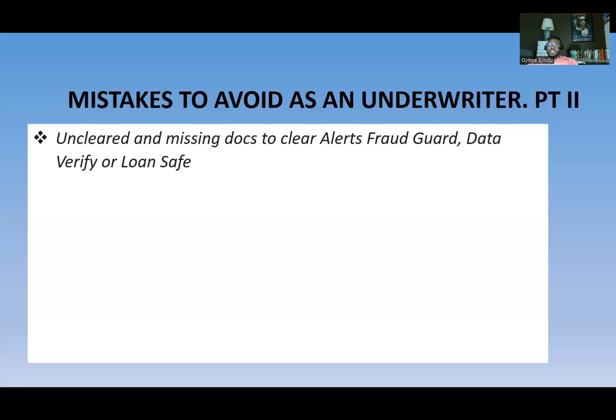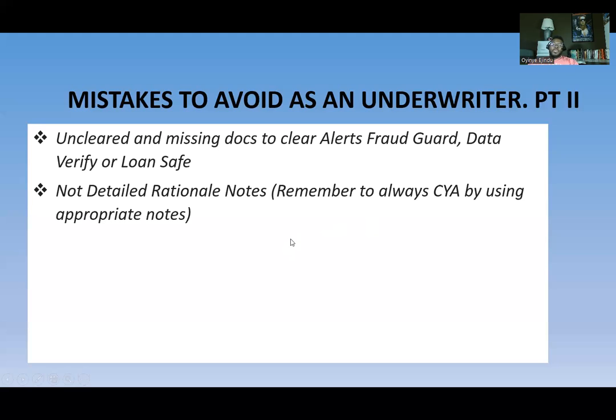It shows you alerts regarding what the loan officer or the realtor might not disclose, just things that you need to know. Make sure you clear all these items off this Fraud Guard or Data Verify or Loan Safe, or whatever fraud process your lender uses. Please don't forget to clear these items. Once you clear them, make sure you then pull the final copy of this report. By pulling the final copy of the report, it should say everything cleared, and it should give you a 100 score.